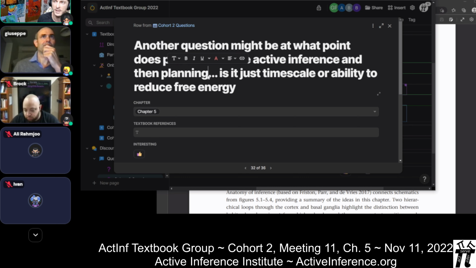And then when is it planning? Well, as we had some controversial discussions in Cohort 1 about the second half of the book, is it really planning? Do we really see planning in this textbook? As-if planning would be behavior that looks like it's enacting a plan, like a chess player who's winning a game. But the strict and narrow definition of planning might be explicit consideration of sequential actions and their consequences, and preparation for those and evaluation of them.